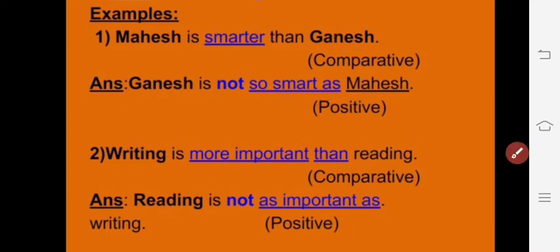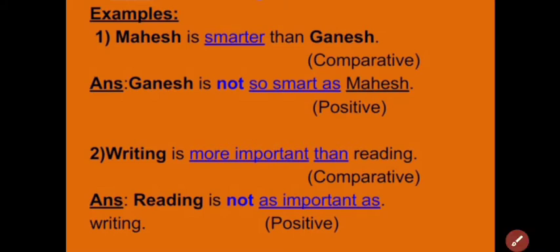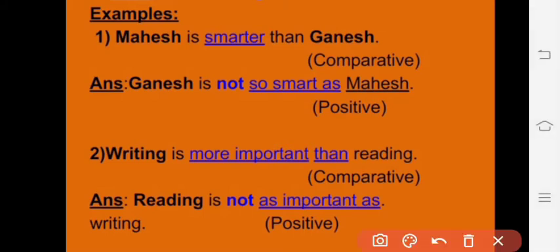Now we go for the next example. Writing is more important than reading. Here first change the place of the noun. Reading comes first, then writing goes last. More important than shows comparative formation.